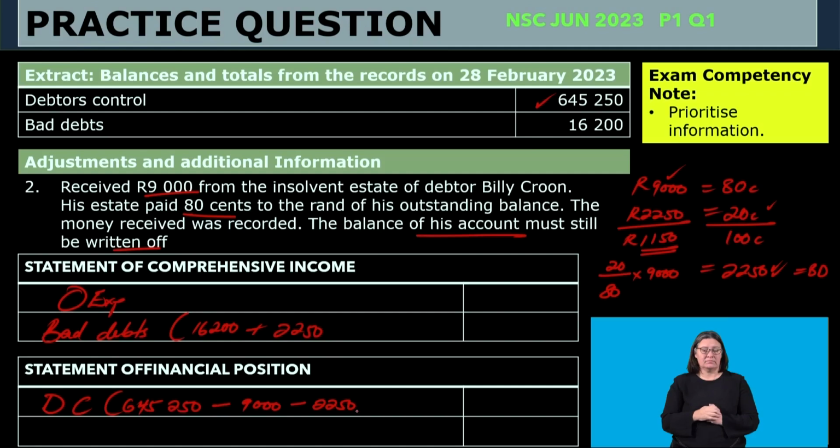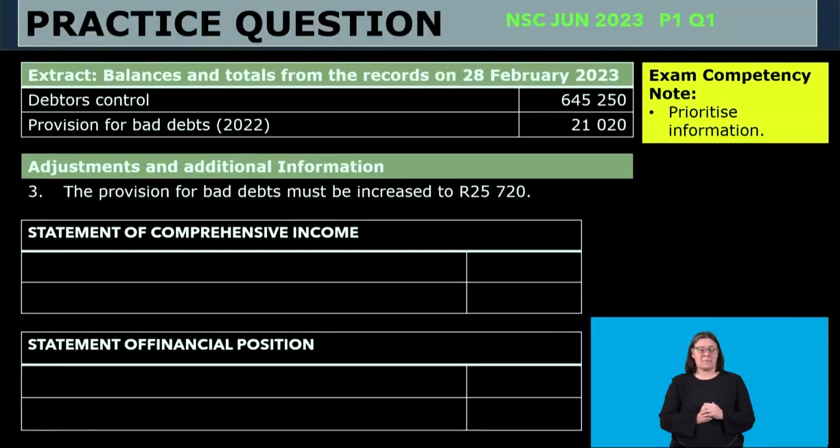Okay, let's quickly go on to the next adjustment. It says, the provision for bad debts must be increased to 25,720. Very, very key here. And once you read this information, underline the key words, increased to.